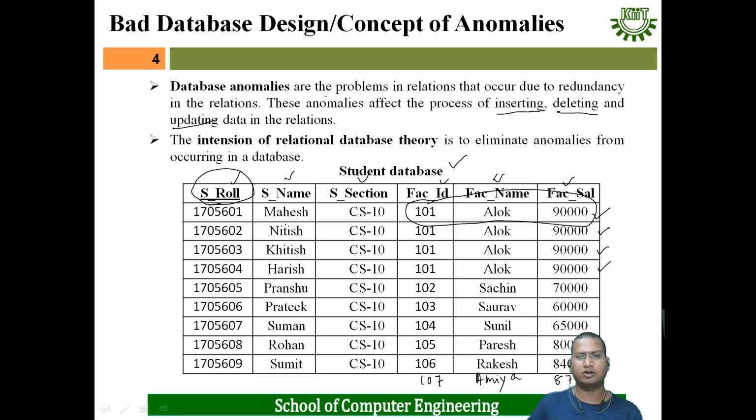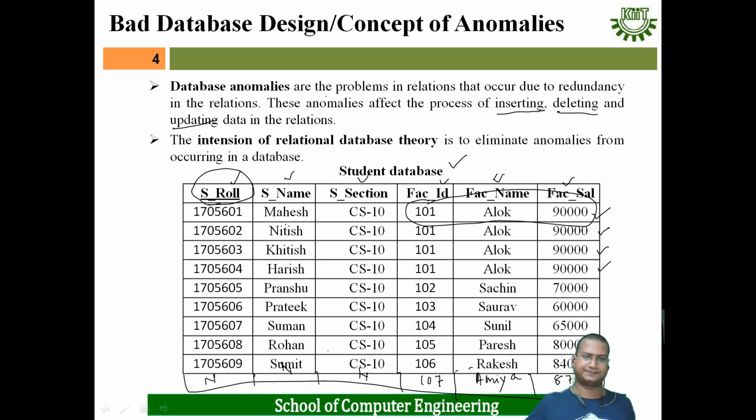Can we add this record without assigning any student to that faculty? If I add this record, since no student is assigned to this faculty, I have to put null values here, here, and here.